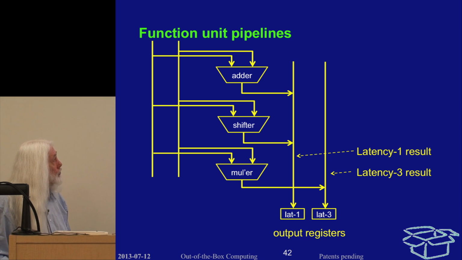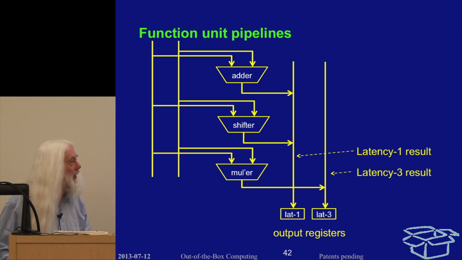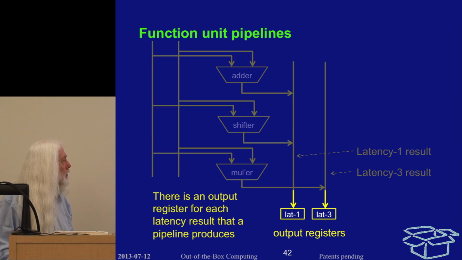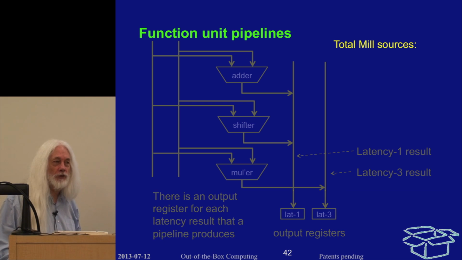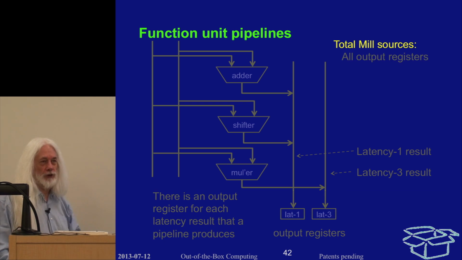Those functional units also share several outputs, but the outputs are organized by operation latency, so that there's an output for each operation latency. A simple add that's a one-cycle operation will go out the latency 1 output, whereas a multiply, latency 3, has got a different set of outputs.